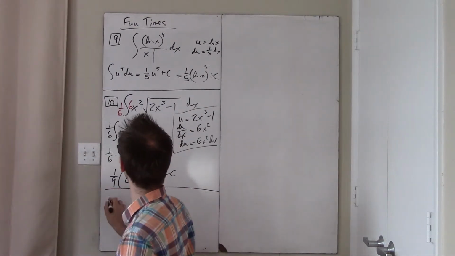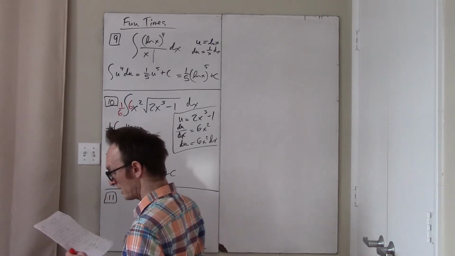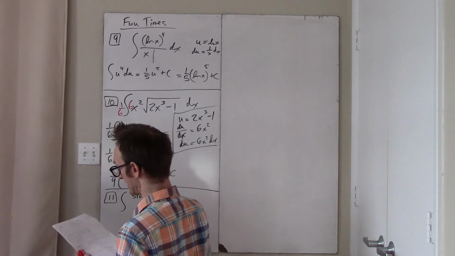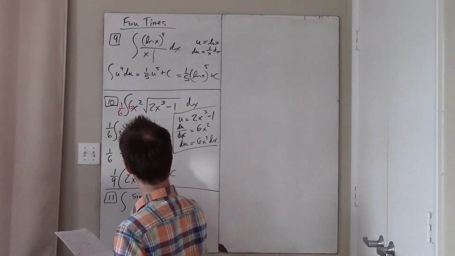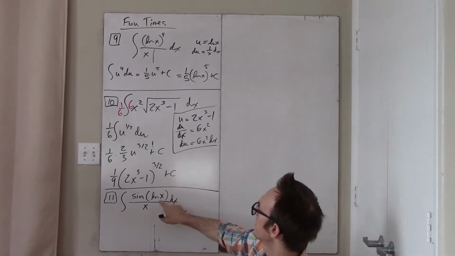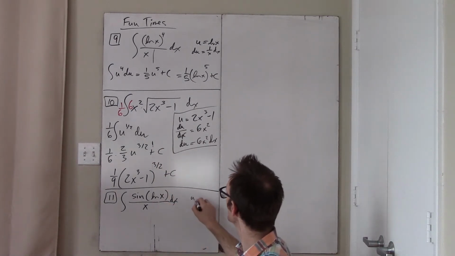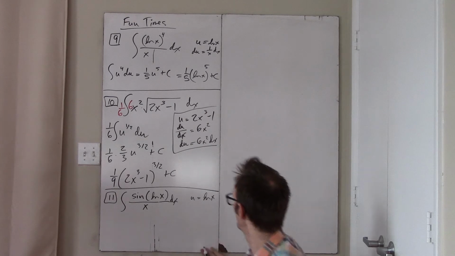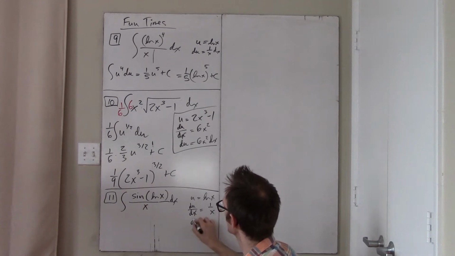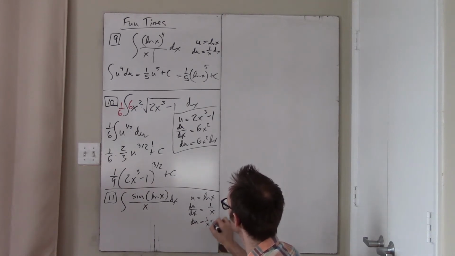Okay, I think I can squeeze one more in here. This is sine of ln x over x dx. Again, the inner function is clearly natural log, so I just want to let u be the inner function, and if I do that, I get that du/dx is 1 over x, and therefore du is 1 over x dx.